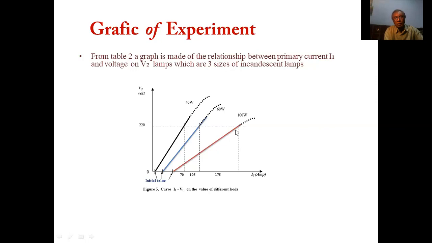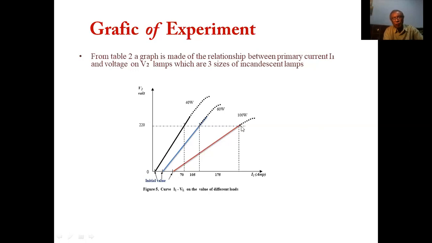We can see for the incandescent lamp 100 watt in red color, 60 watt in blue color, and 40 watt in black color. Every lamp is dependent on a different amperage flowing in the power line.